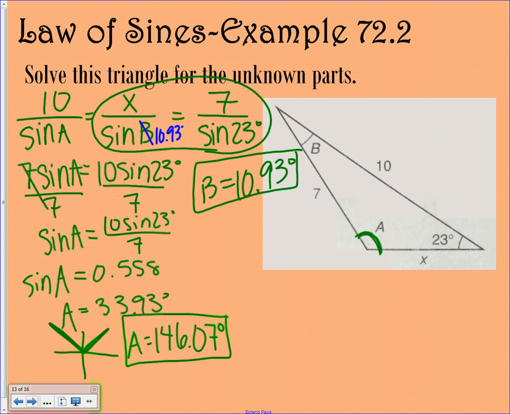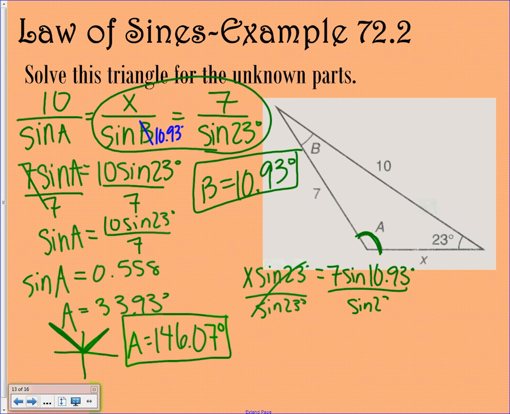And so we would have x sine of 23 equals 7 sine of 10.93. And you're going to divide by the sine of 23 to get what your x value is. And if you plug that into your calculator, you should get 3.40 for your x value.